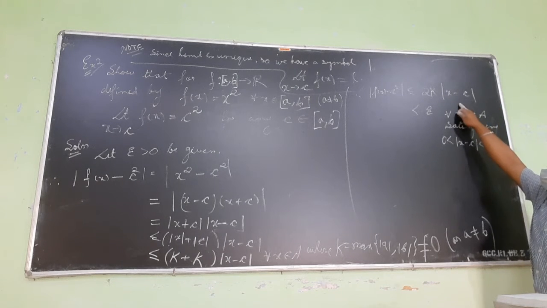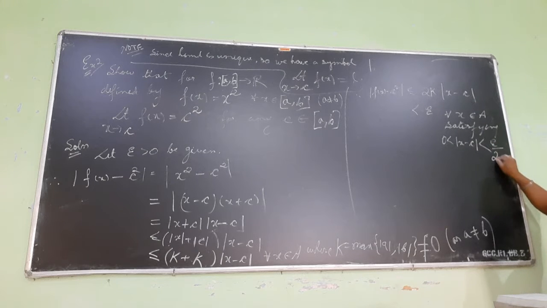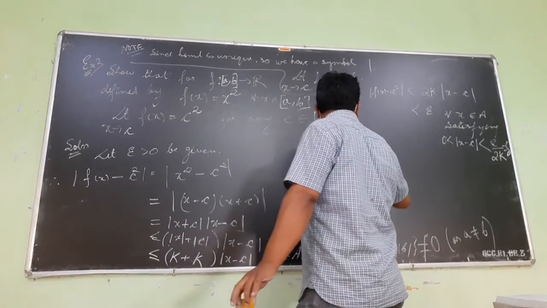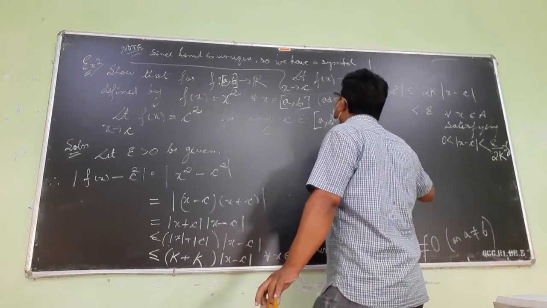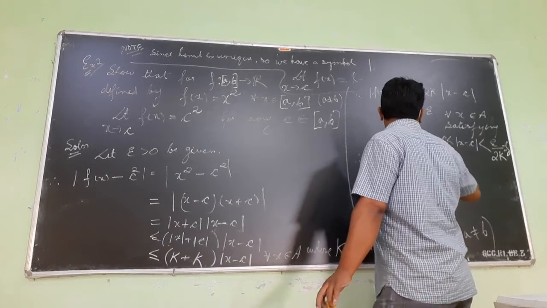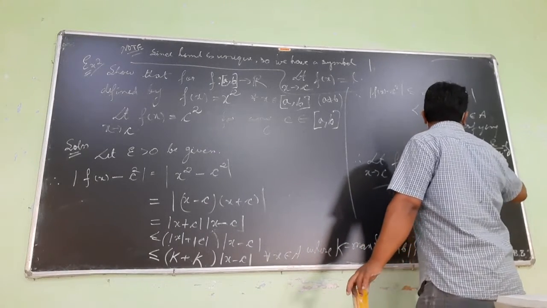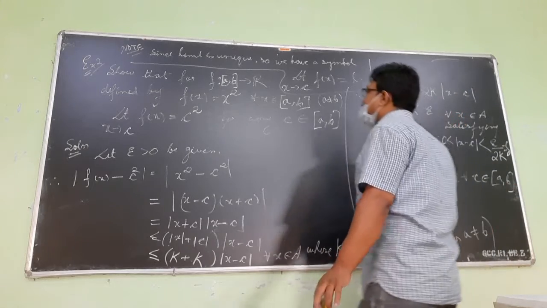So this is less than epsilon by twice k. So this is your delta. So for the given epsilon, our delta is epsilon by twice k. What is k? K is maximum of mod A, mod B. So therefore we can write limit x tends to c of f(x) equals c square, for all c inside AB.